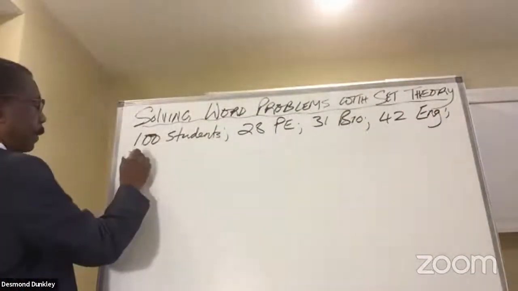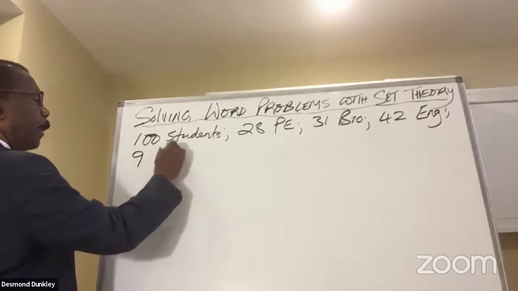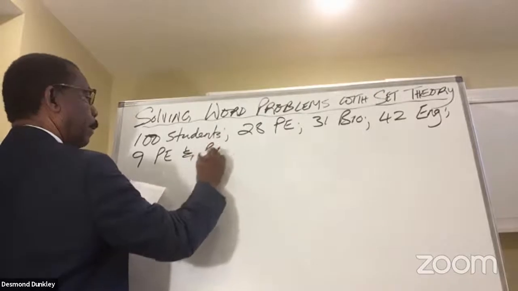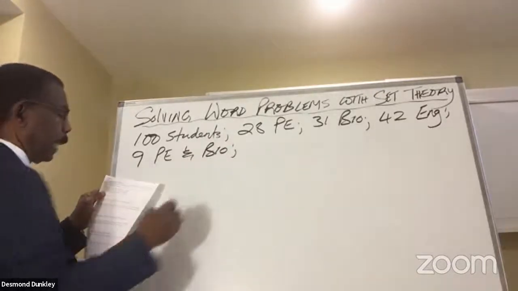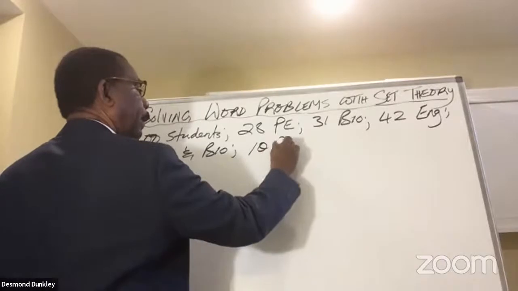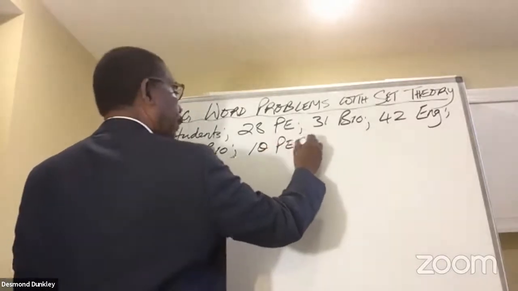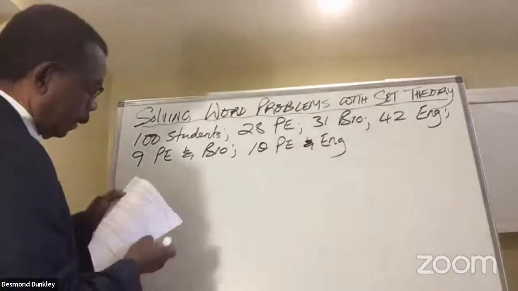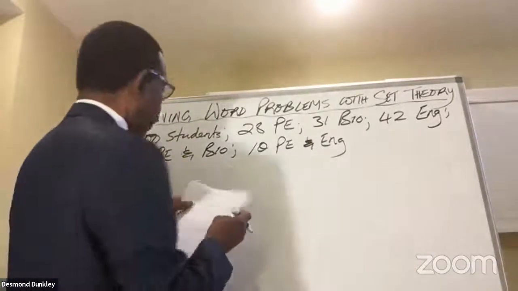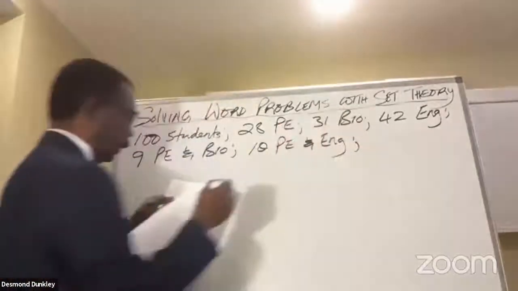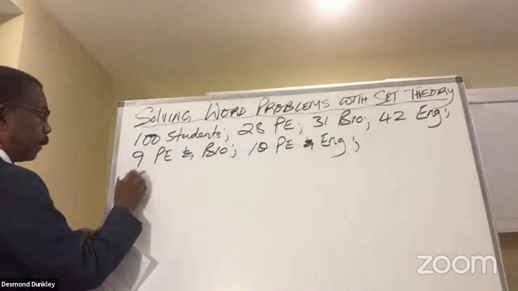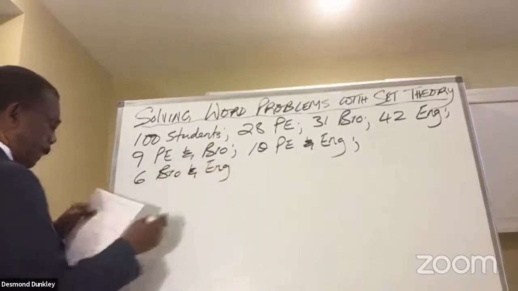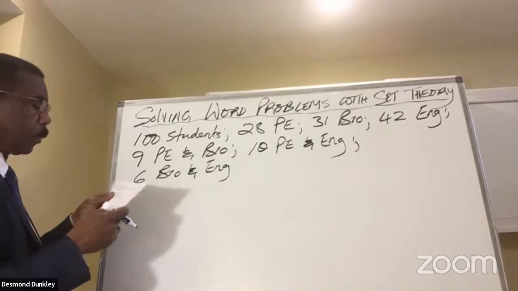And we have 9 for PE and bio. Then we have 10 for PE and English. And then we have 6 took bio and English. And then 4 took all 3.